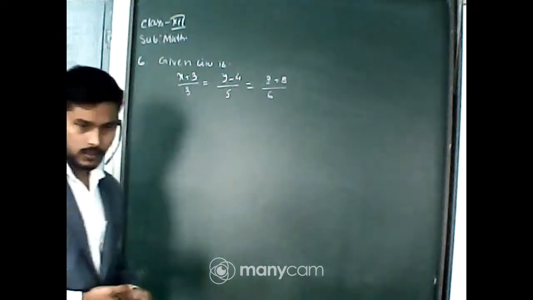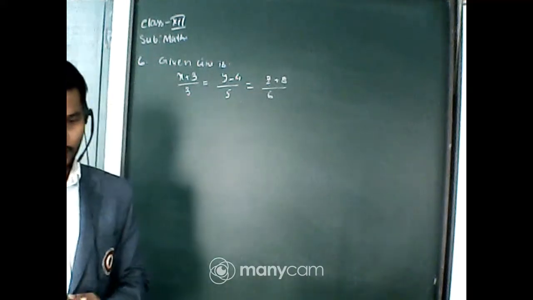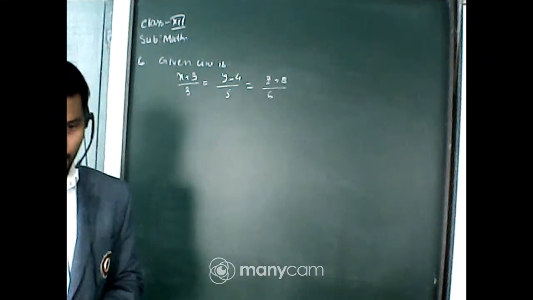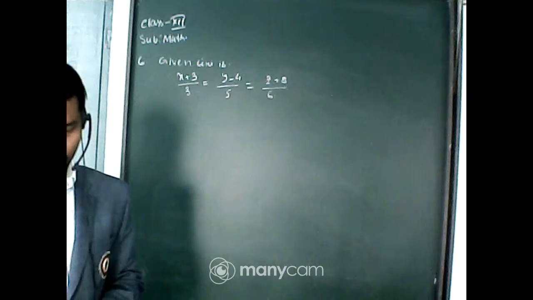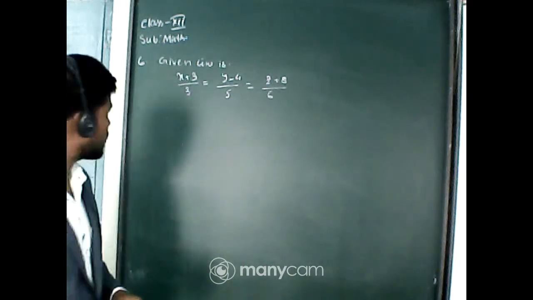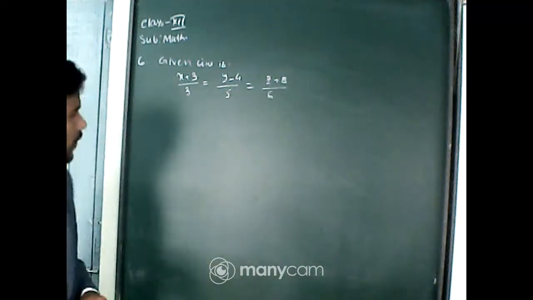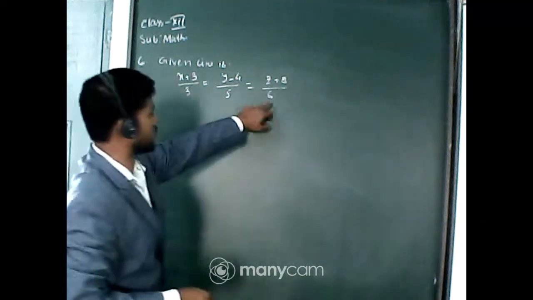Come on, tell me, what is the direction ratio of this line? The direction ratio is given here: 3, 5, 6. Very good. 3, 5, 6. This will give you the direction ratio.